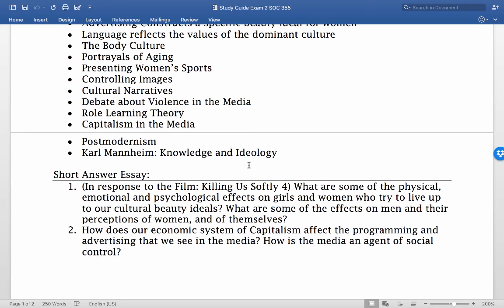Because basically, if you want to sell advertising to make your program successful, then you have to make sure that you're not going to say or do anything or show anything that's going to offend those advertisers. So the advertisers then have a big controlling interest in how portrayals are shown, in what kind of images are seen in the culture, right?